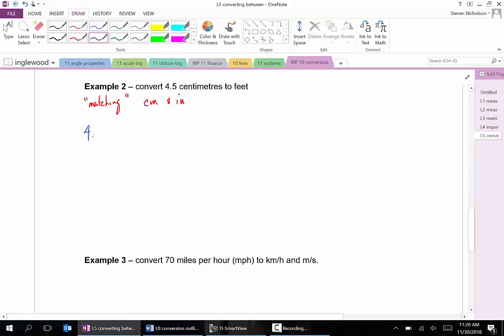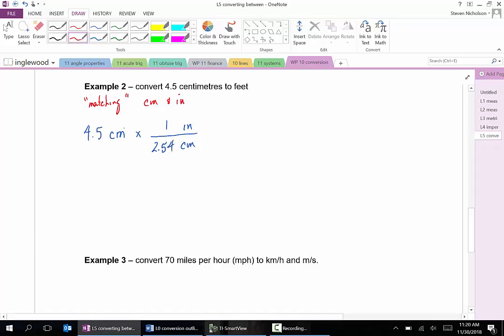So in this idea right here, we start off with 4.75 centimeters, which is basically the width of your 4 fingers. 4.5 centimeters, that's about it, pretty close. And again, I don't want centimeters, I want inches, because I eventually want feet, and we know in 1 inch we have 2.54 centimeters.